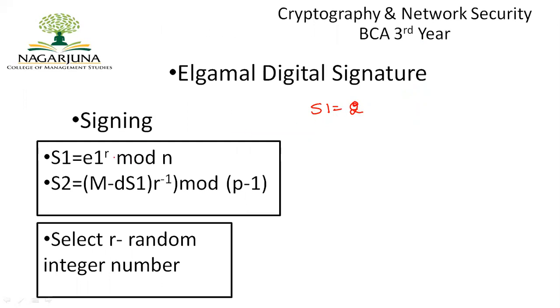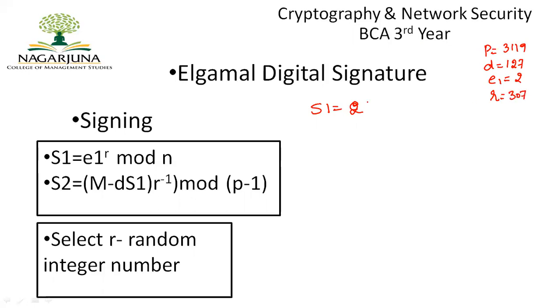And I'll assume my R as 307. So I will take my P value as 3119, my D value as 127, my E1 value as 2, and I'll randomly take one integer number R, which is kept secret, as 307.